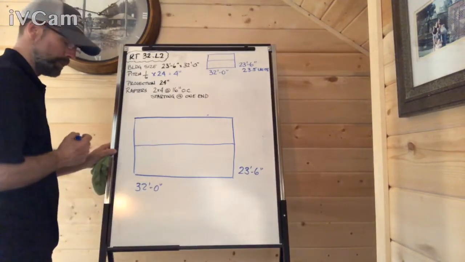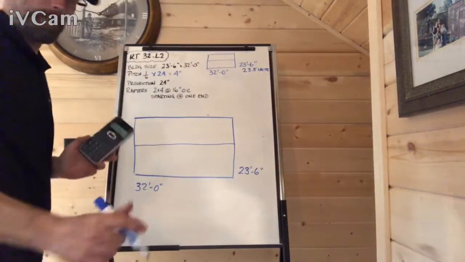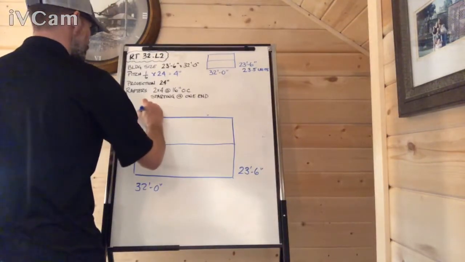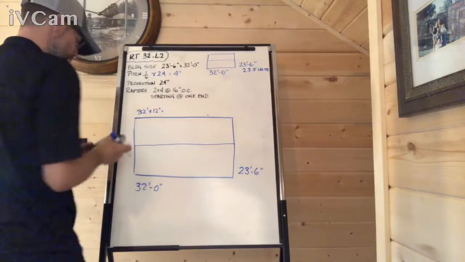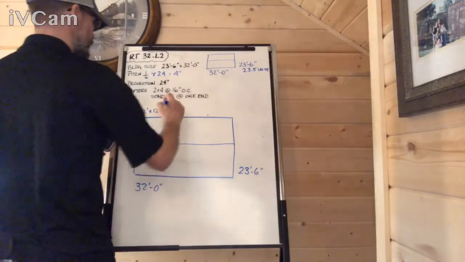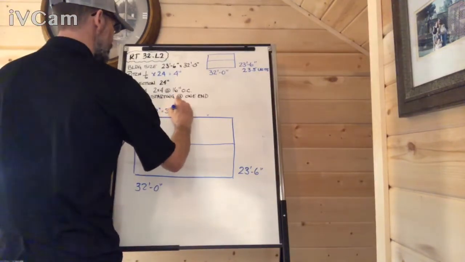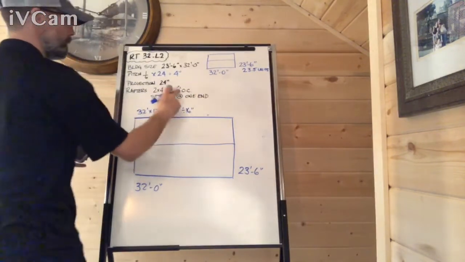So 32 feet. Two ways to do this. 32 feet times 12 inches per foot equals 384 inches. I then divide that by 16 inch on center.